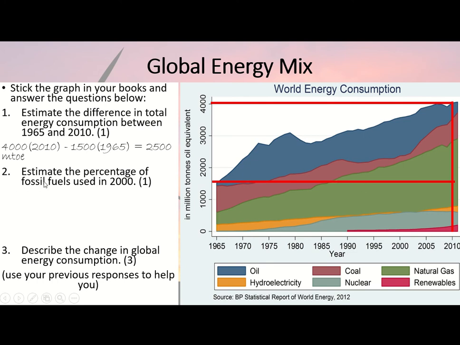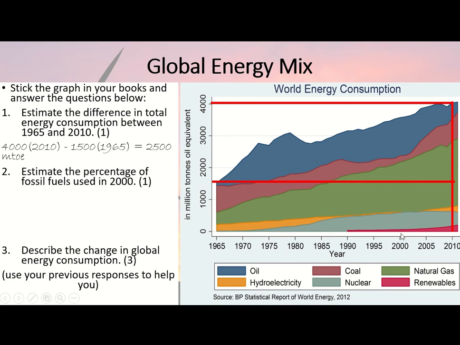So, estimate the percentage of fossil fuels used in 2000. You need to look at this year specifically, and then you need to know which of these is a fossil fuel. For the purposes of this, we're just going to discount nuclear. Let's not call it a fossil fuel.